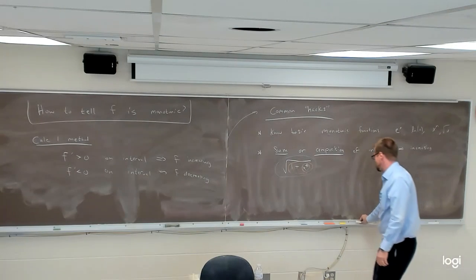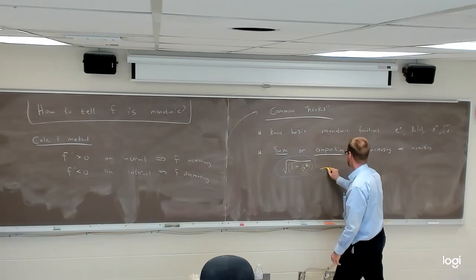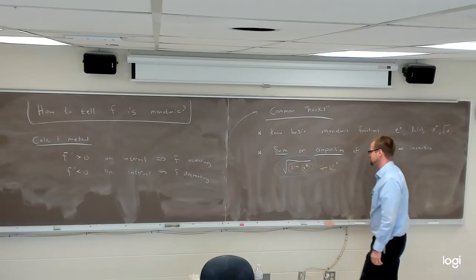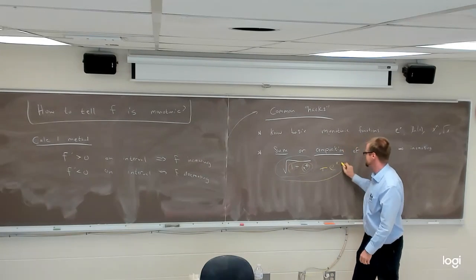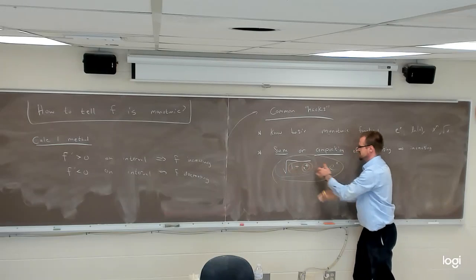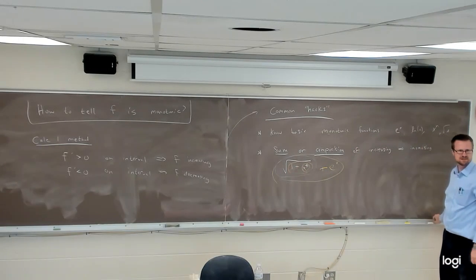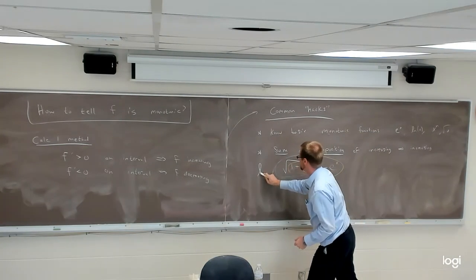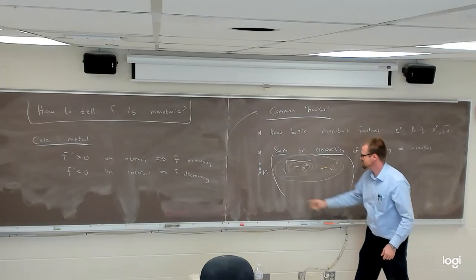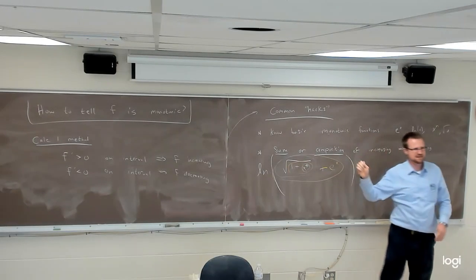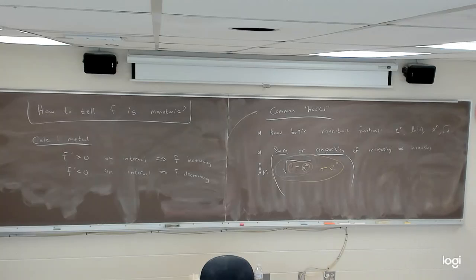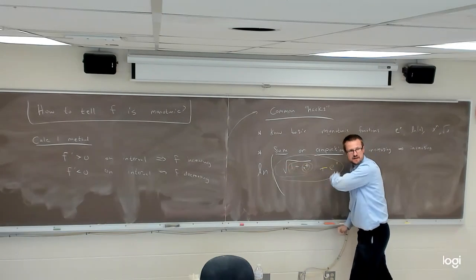Suppose I took that and added on e to the x. Well, this whole mess is increasing because it's increasing plus increasing. Well, suppose I took the log of that. That's the log of something increasing. So the bigger a thing is, the bigger its log, that whole mess is increasing. I'd rather think that way than take a derivative, right?